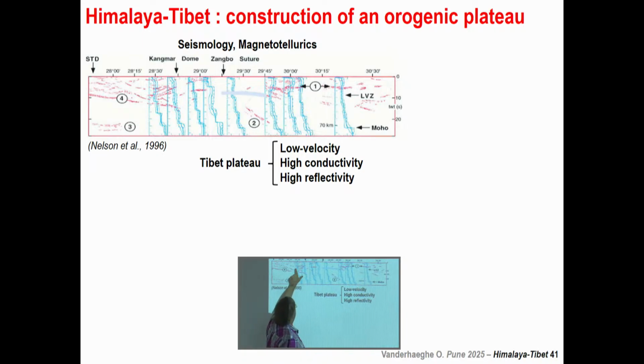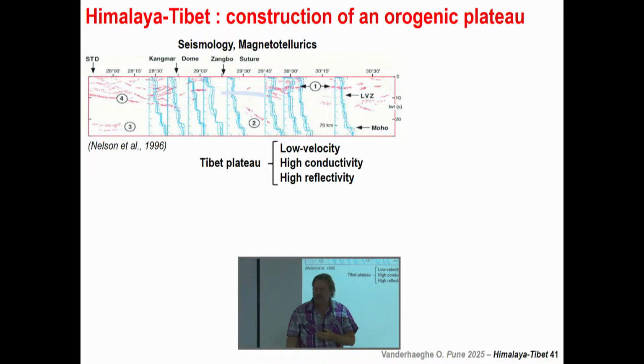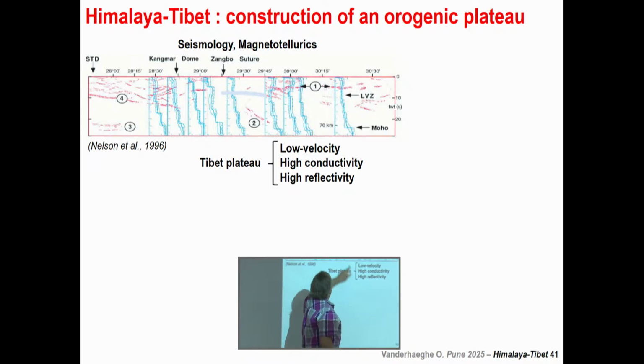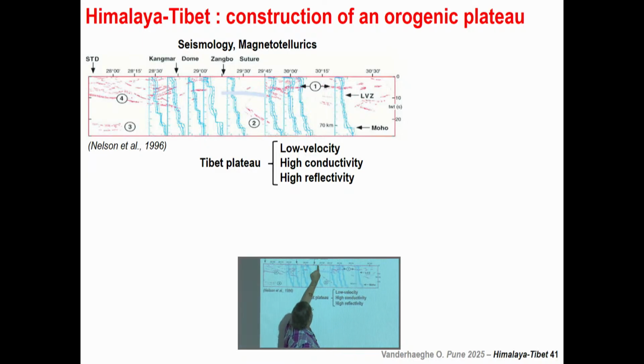There it's the other way around. Reflectors are here concentrated at about 10 to 15 kilometers depth, this high reflectivity zone. And this high reflectivity zone matches with the zone here, the blue, these are the seismic waves. So it's seismic refraction. So here the waves are going faster, faster, and then goes down here. You see that?